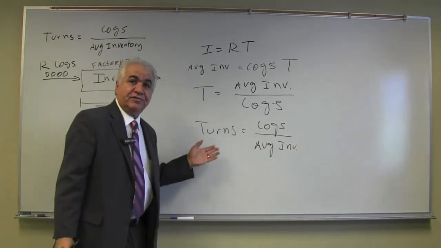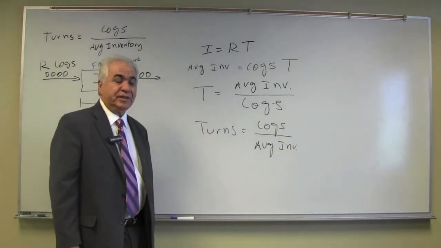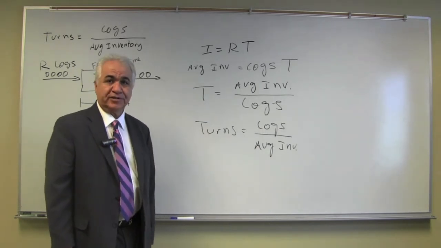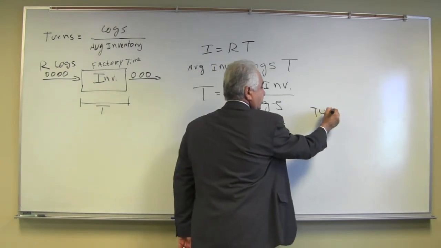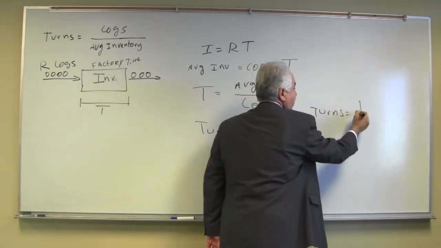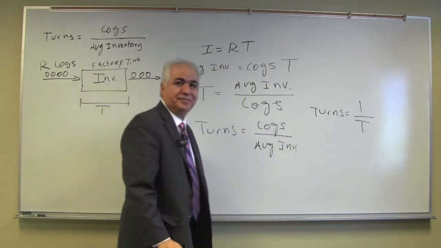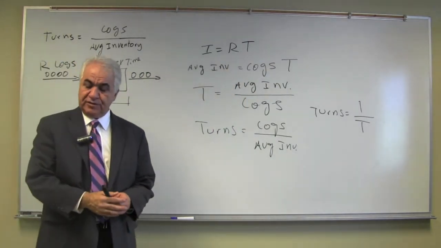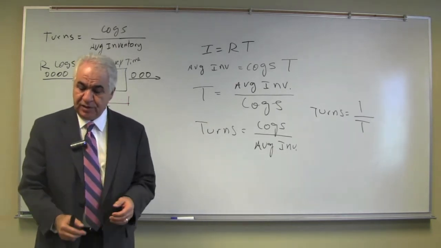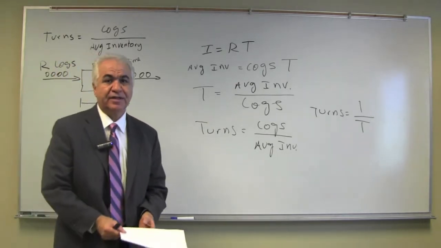An examination of these two relationships shows that they have a reciprocal relationship. That turns is 1 over T. Therefore, we can say that the inventory turn is the reciprocal of average flow time.